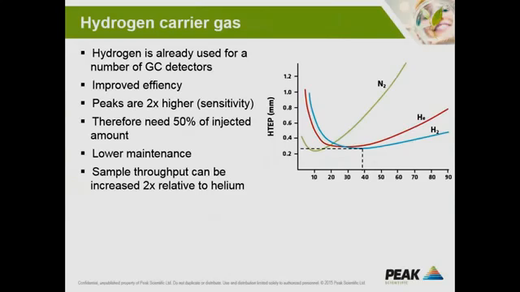Peaks are twice as high as with helium, and this can have advantages in terms of reducing maintenance on the system, because you can inject less sample onto the GC, which means that you're going to have to change your liner less often, and you can potentially increase throughput to a level of twice that of helium. So there are big gains to be made for any contract labs who are basically charging per sample.